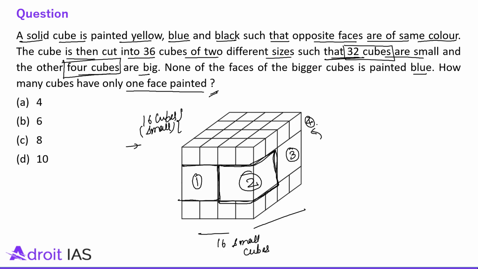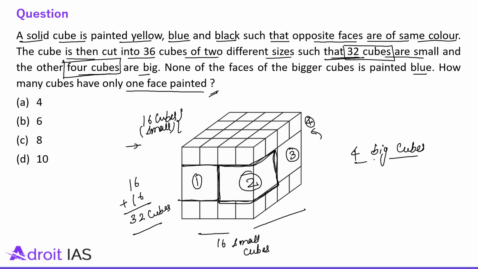Fine. So we have total 4 big cubes and we have 16 small cubes in the top and 16 small cubes in the bottom, right? So total 32 small cubes, right? And 4 big cubes, right? So this is the cutting pattern.